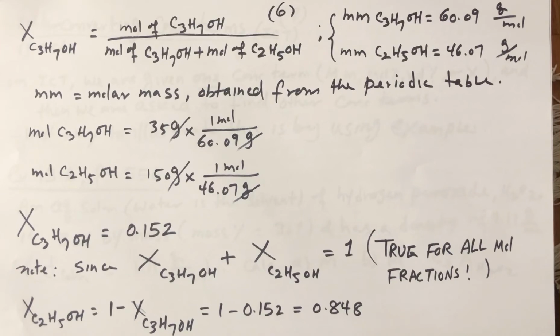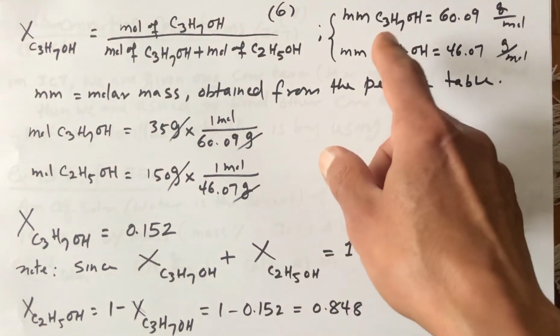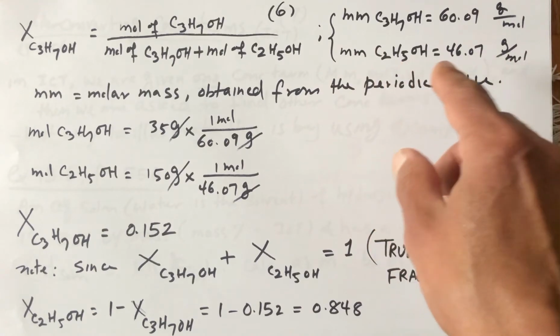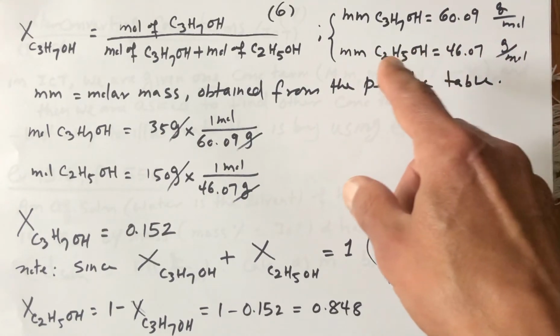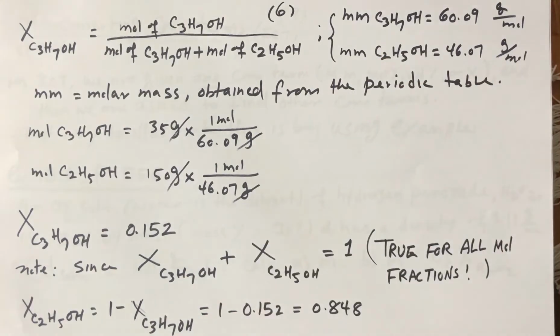In order to calculate the mole fraction of any component, you need the molar mass of the solution components, and you need the molar mass of that particular component. So I have provided the molar masses here for you, 60.09 for 1-propanol, 46.07 for ethanol.